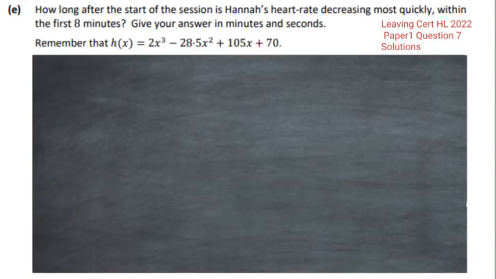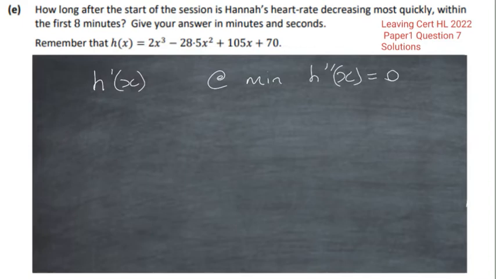So the rate of change graph is h dash of x. Okay, so when that's at a minimum, the derivative of that, so it'd be h double dash of x is equal to 0, as the rate of change of the graph is 0 at the max and the min.